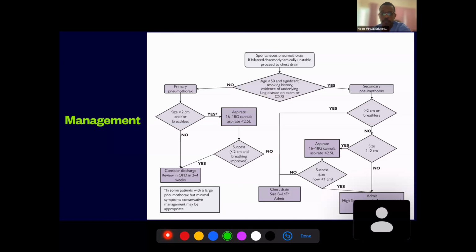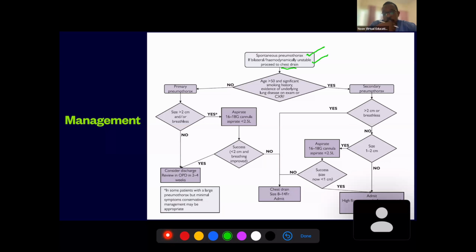See, if you have a pneumothorax, from the beginning it tells you: if you have spontaneous pneumothorax, bilateral, patient unstable, proceed to chest drain, finish. Patient hemodynamically unstable, bilateral pneumothorax, proceed to chest drain and finish. Okay.